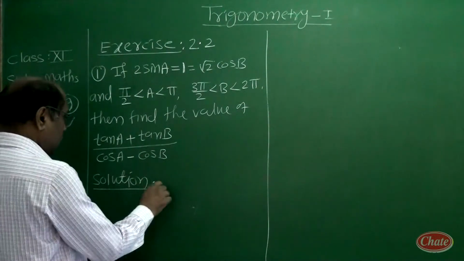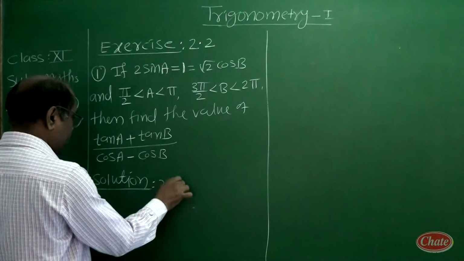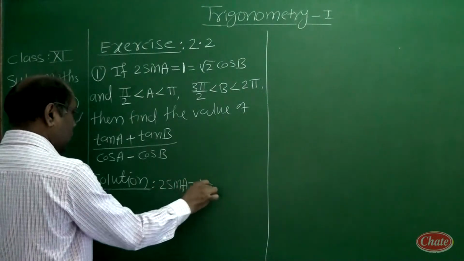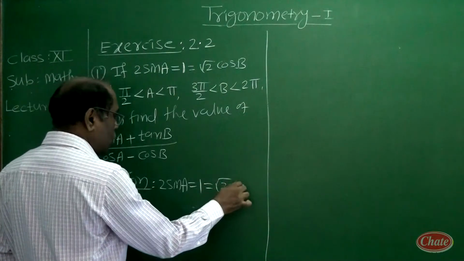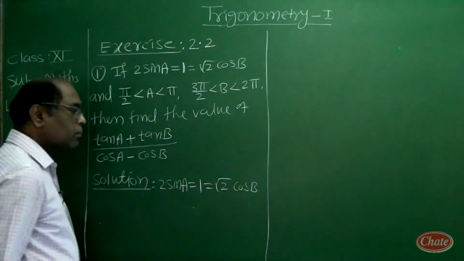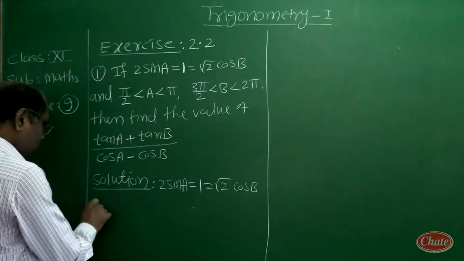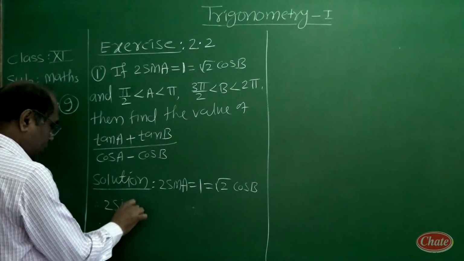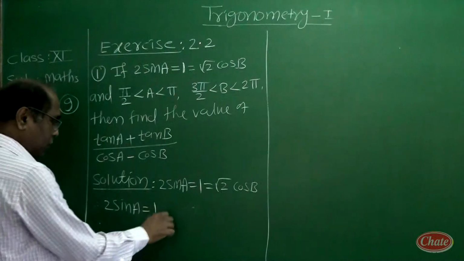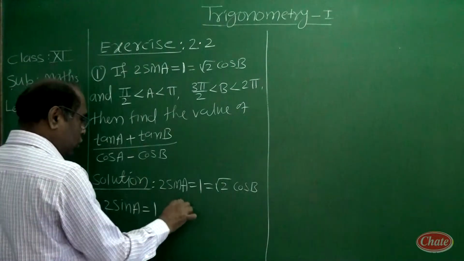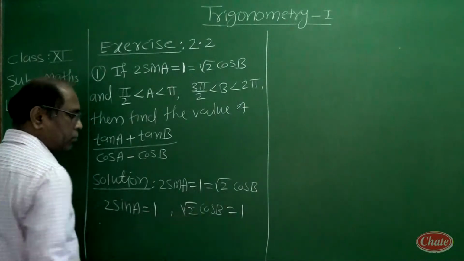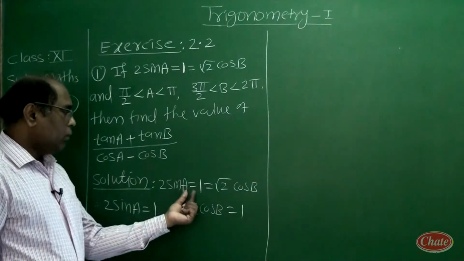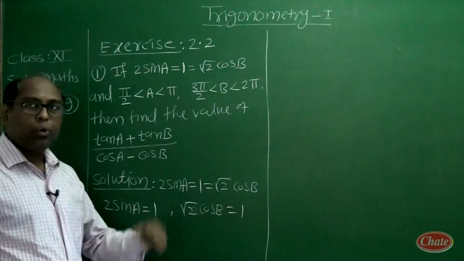We are given 2 sin A is equal to 1, that is equal to root 2 cos B. Therefore 2 sin A is equal to 1 and root 2 cos B is also 1.